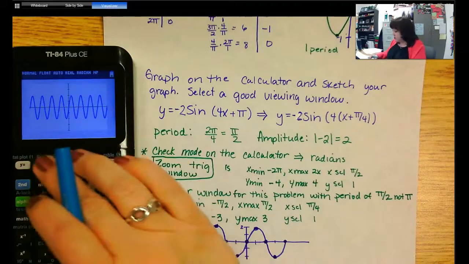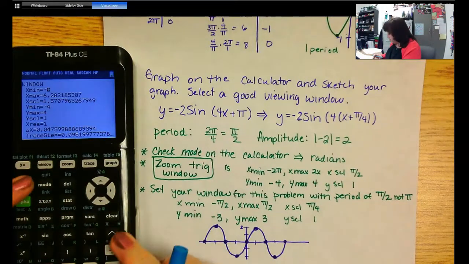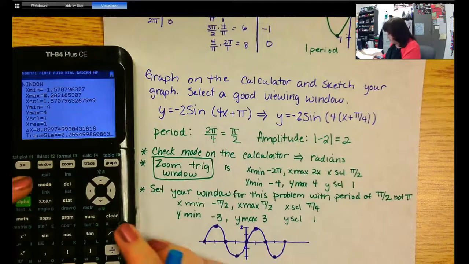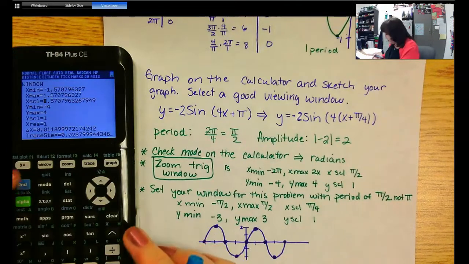So let's change our window a little bit before we finish up. I'm going to go from negative pi over 2 to pi over 2, and then I'm going to have an x scale of pi over 4, because that's kind of halfway between.